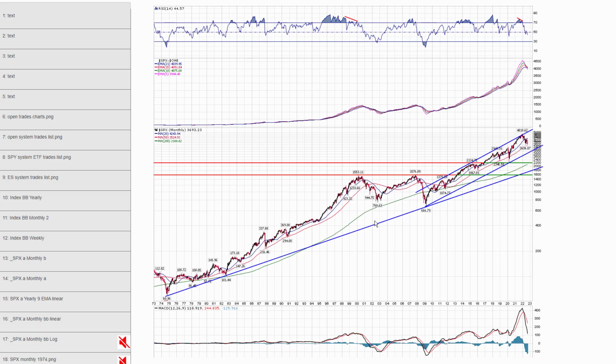Next. Chapter 18, here's a fun chart. This goes back to the 1974 low, connecting those major lows from 74 to 82 to 2009. And you can see the uptrend channel from the 2009 lows. So again, at minimum, I think price will go down to this channel.